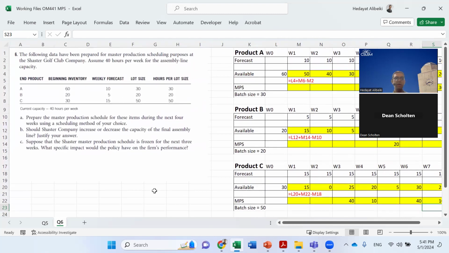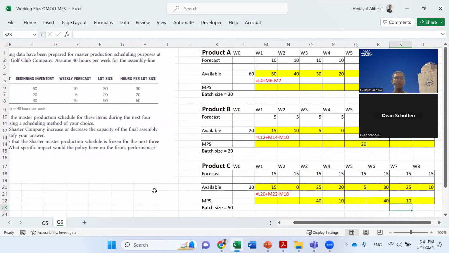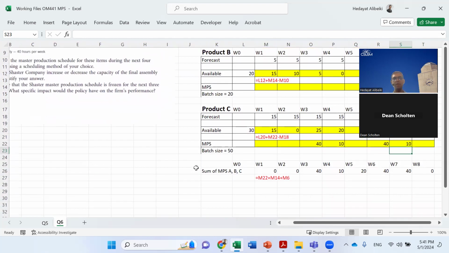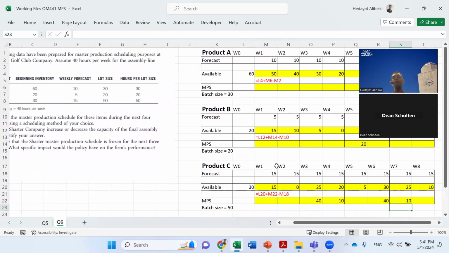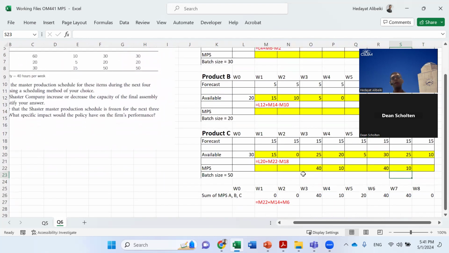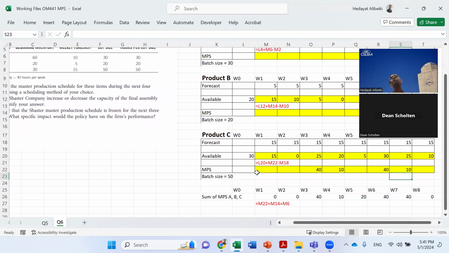Another thing I wanted to point out was in terms of the lot size. Every time that you place an order for this one, it's good for almost 3 weeks. So 50 units is the standard batch size, and the demand is 15, so 3.3.